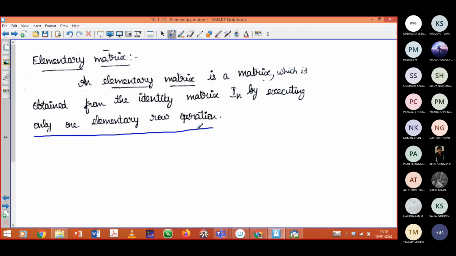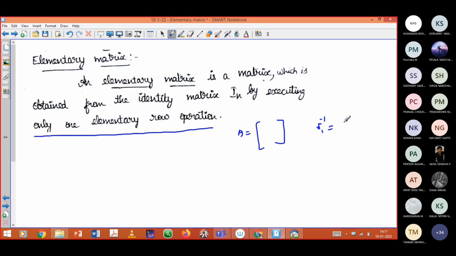If you apply the elementary row operation on the given matrix A, then you will derive one elementary matrix. That matrix will be denoted as maybe E1 inverse or E2 inverse or E3 inverse. That's your wish.